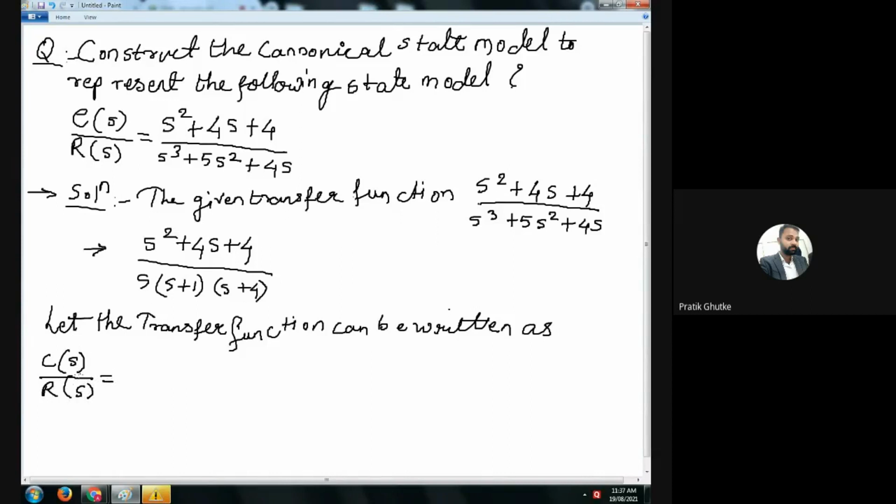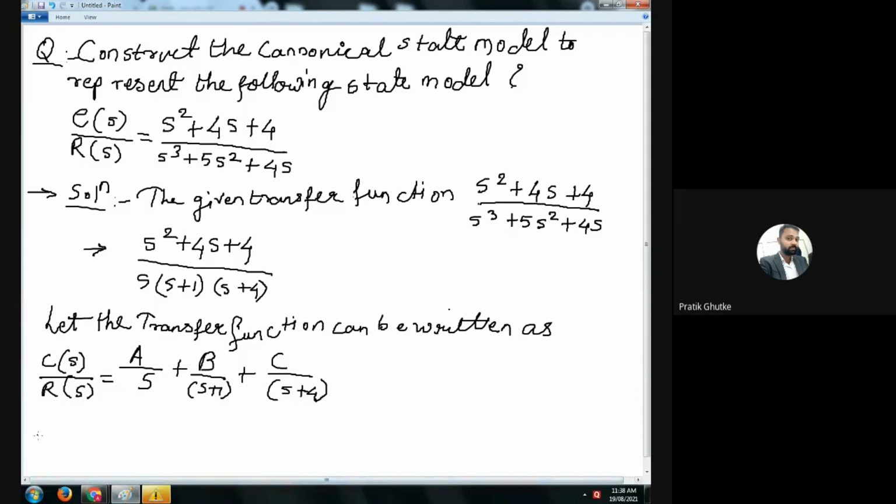C of S by R of S equals, partial fraction I am doing, A divided by S plus B divided by S plus 1 and C divided by S plus 4. Have I changed the meaning? No, I have just made the partial fraction. I have to solve this transfer function by the partial fraction method.